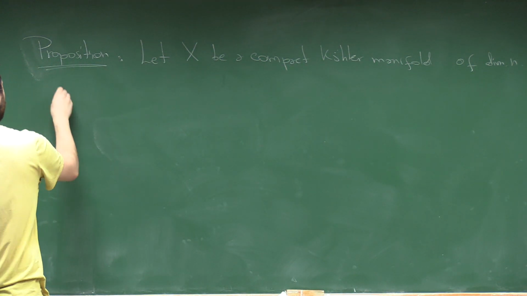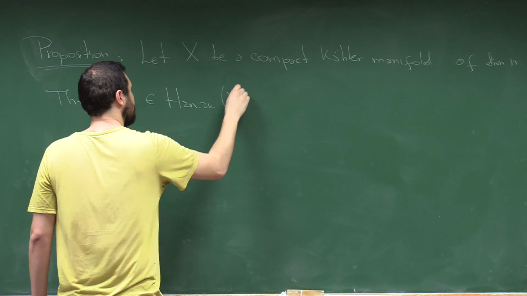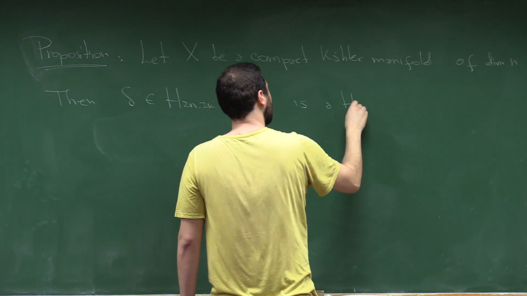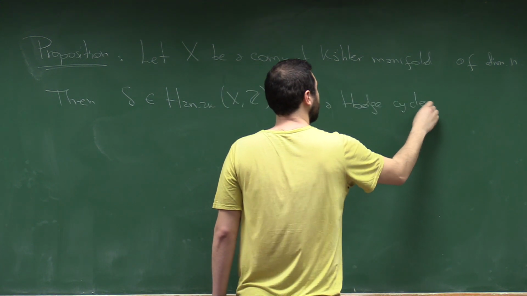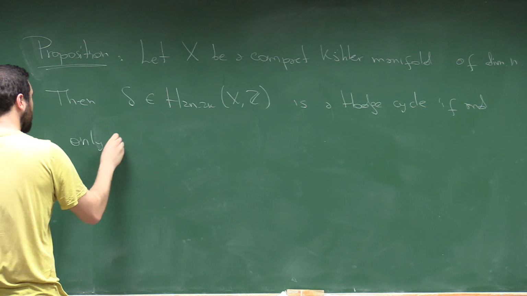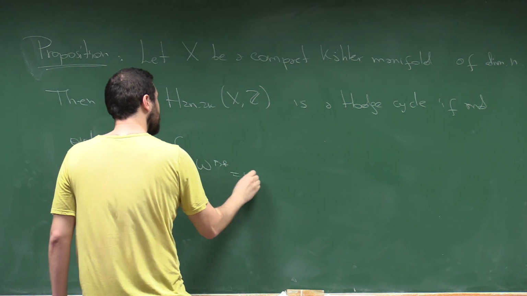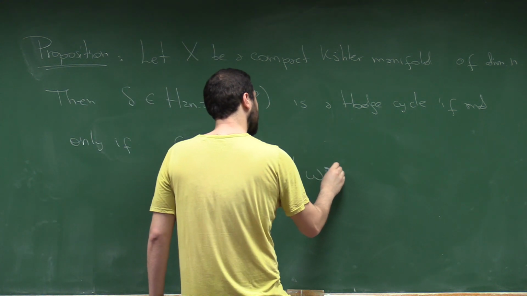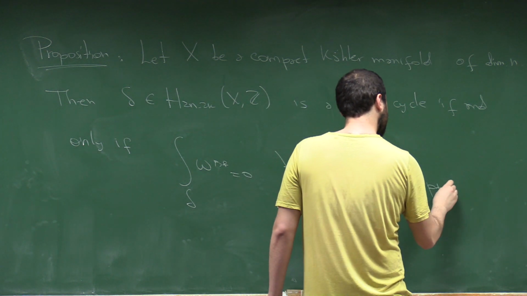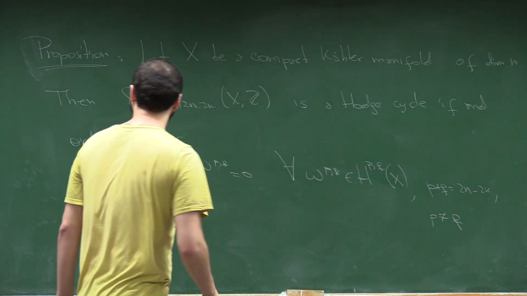Then delta in H_{2n-2k}(X) with integral coefficients is a Hodge cycle if and only if the integral over delta of omega^{p,q} is equal to 0 for every (p,q) form, and for every p plus q equal to 2n minus 2k and p different from q, right?